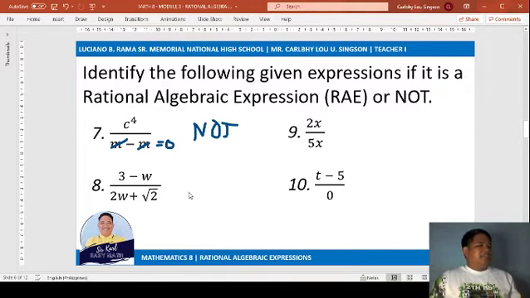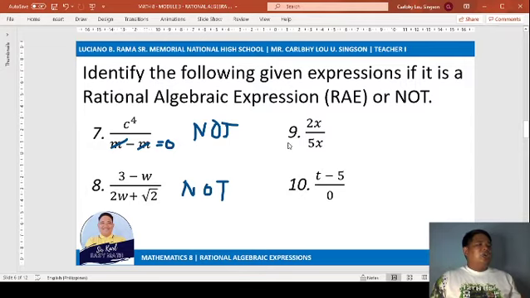Next, number 8: 3 minus w over 2w plus the square root of 2. Basically we have a radical sign there, the square root of 2, so that is not. Number 8 is not a rational algebraic expression.